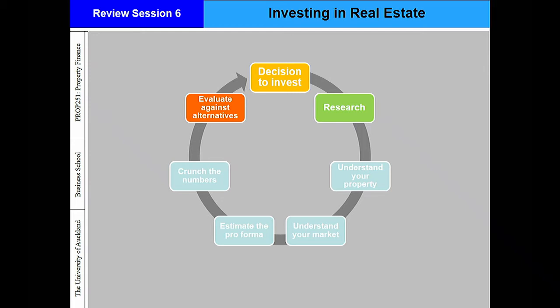So you've estimated the cash flows, and next you process it and crunch the numbers to generate a single number. From all of these dozens and dozens of cash flows, the goal is really to come up with a single number that can be represented by an internal rate of return, a net present value, or a profitability index.